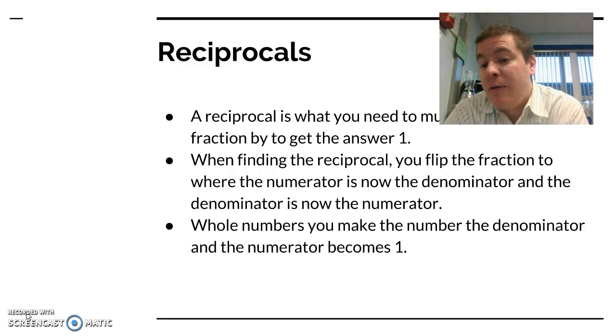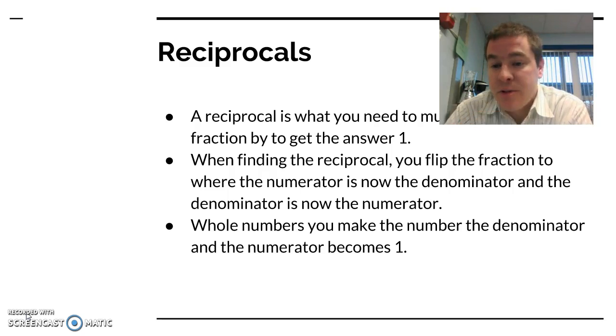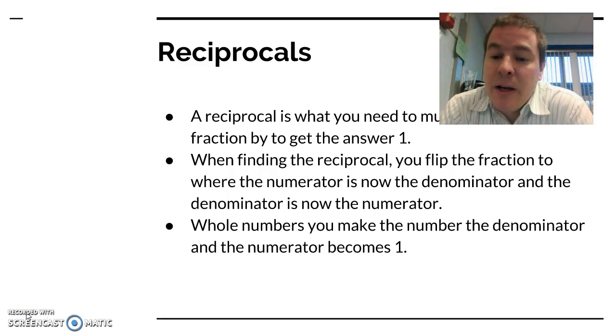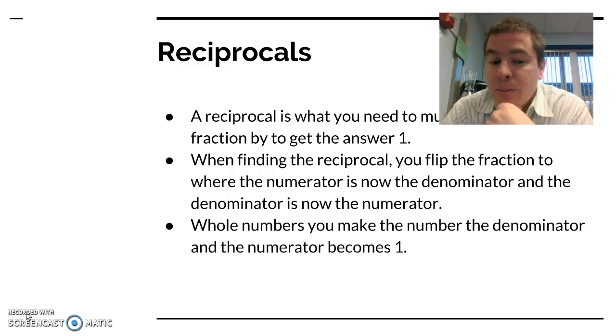Now, when we divide fractions later, our answer isn't necessarily going to be 1, all right? But the reciprocal will make sense in the next slide when we do some examples, okay? So when I use the word reciprocal later on, I'm just meaning flip the fraction, okay? So when finding the reciprocal, you flip the fraction so that the numerator is now the denominator and the denominator is now the numerator, okay?